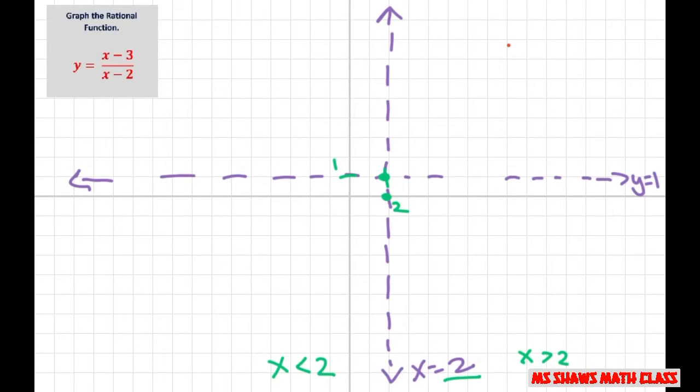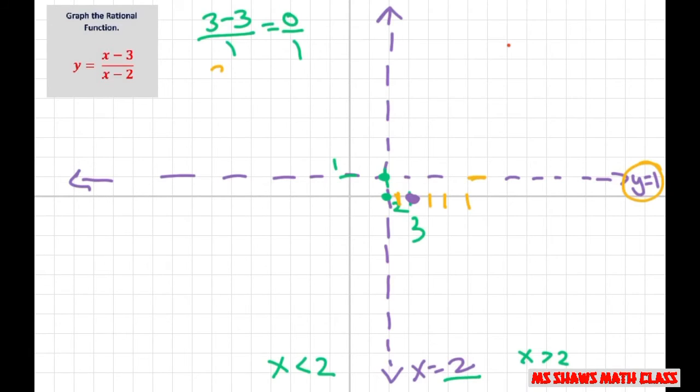So if I plug in 3 into my equation, I'm going to get 3 minus 3 divided by 1. Well, that equals 0. So at 3, we're at 0. That means my graph's going to be below the y equals 1 line. Now let's plug in, let's say 6.